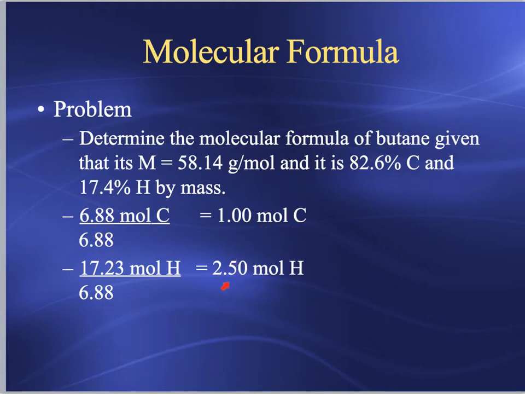We get this interesting 2.50 moles of hydrogen, which makes it look as if our formula would be something like CH2.5, but for an empirical formula, it has to be the lowest whole number ratio. We've got to figure that out, so we can't leave it like this. The next slide is going to talk about what we do.